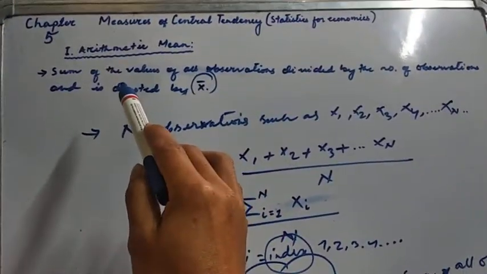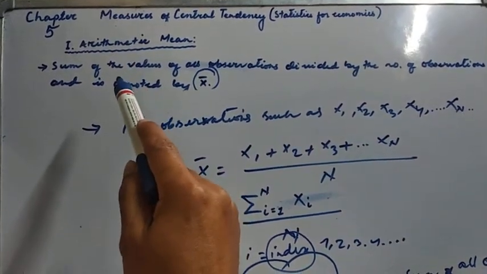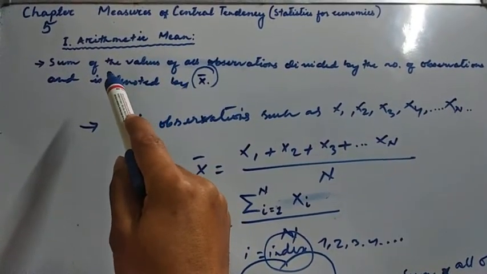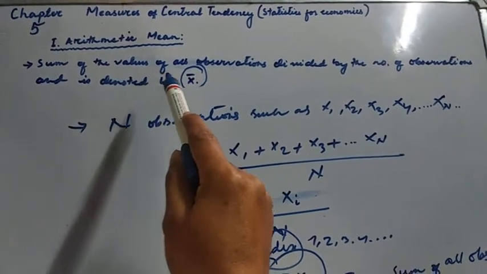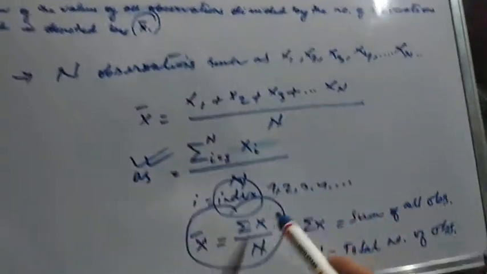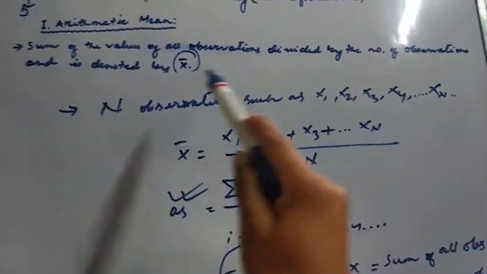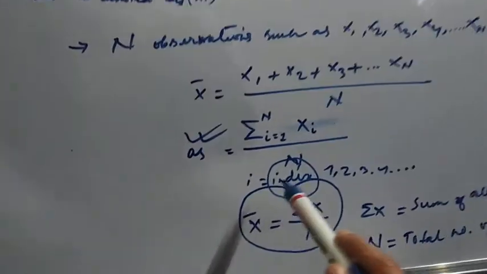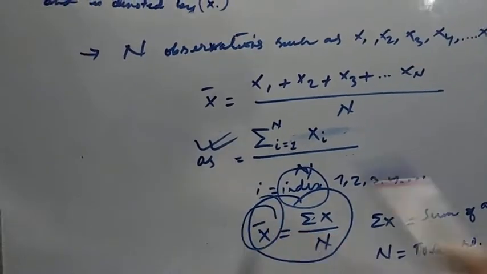That is how we derive the formula. As given in the definition, arithmetic mean is the sum of the values of all observations divided by the number of observations, and it is denoted by this symbol.